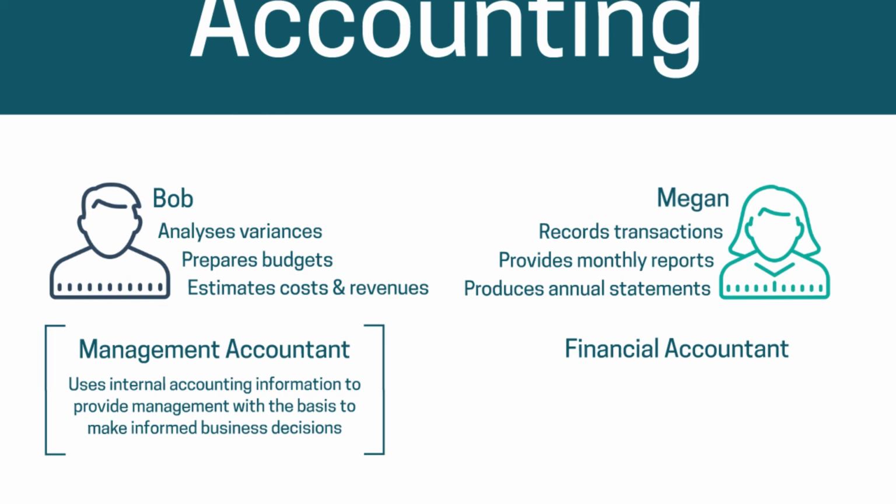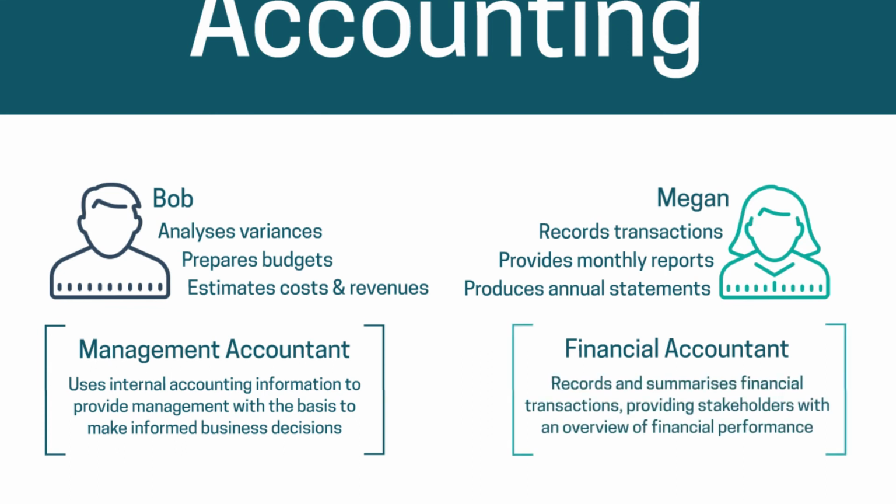Whereas Megan, as a typical financial accountant, is more focused on recording financial transactions and then ultimately summarising this information in the financial statements, such as the statement of profit or loss or the balance sheet, so that the shareholders and other interested parties, regulators, government, staff, for example, can understand the financial performance of the business.